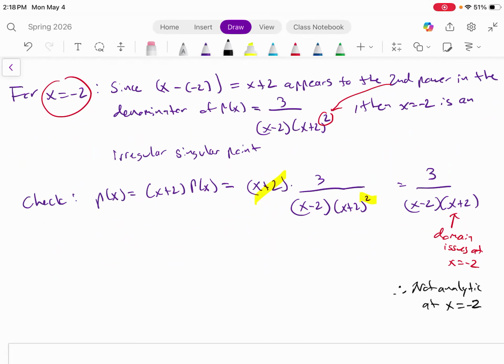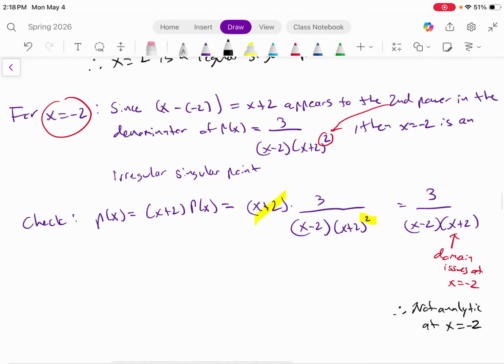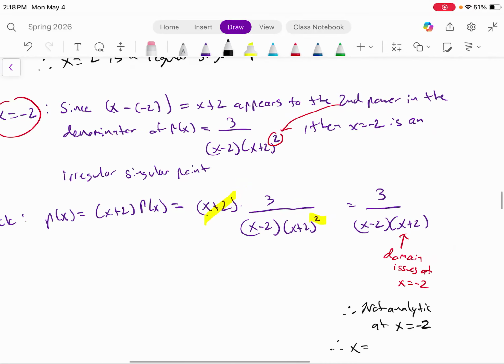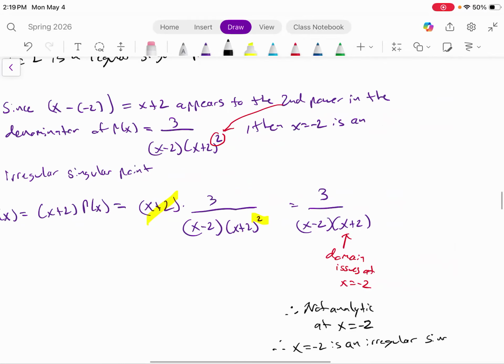So therefore, x equals negative 2 is an irregular singular point. Okay, so we have some domain issues at x equals negative 2, so it's an irregular singular point.